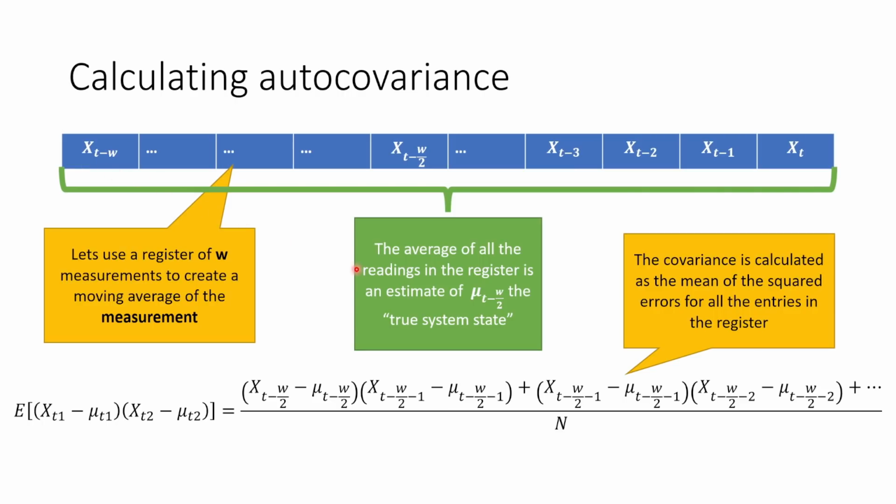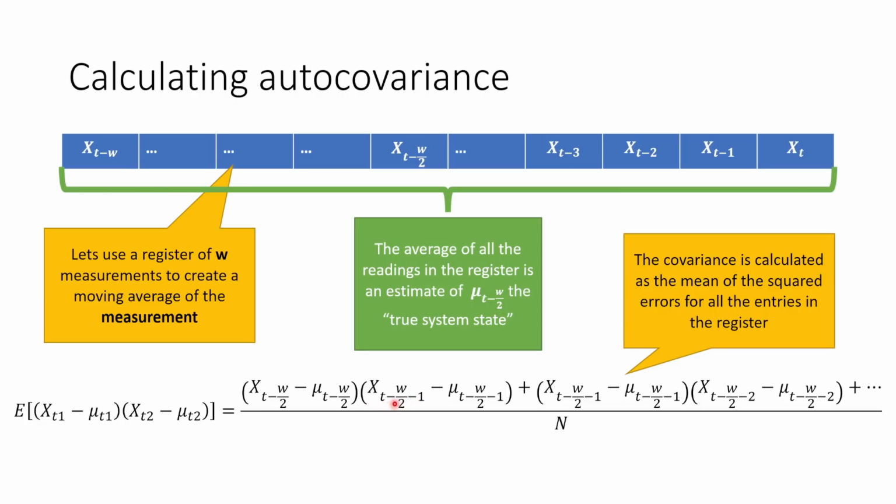So that's what we have now, an estimate of the position of the car 5 seconds ago using all the information between now and 10 seconds ago. And then we can use that in our autocovariance formula. So we can take the measured position of the car 5 seconds ago and subtract the estimated position that we made by averaging together all the measurements. And then we can multiply that by the next time step.